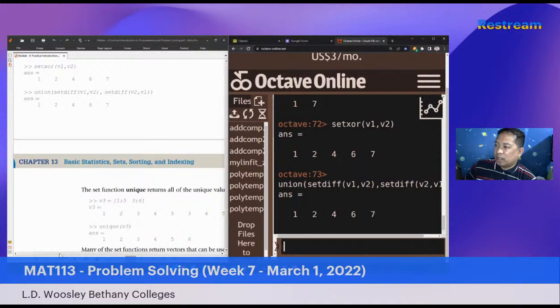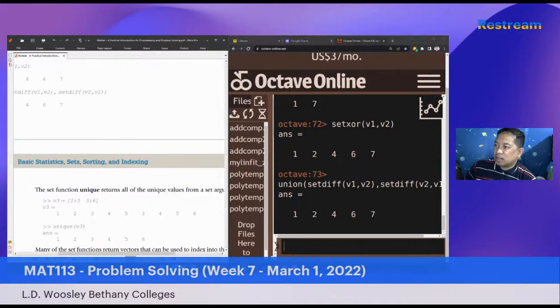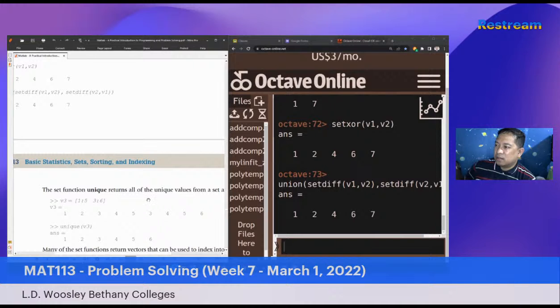So we also have the command unique, which returns all of the unique values of the set argument. So we're trying to produce a vector B3 with elements from 1 to 5 and 3 to 6. So automatic ang increment yan ay 1 kapag hindi natin linagay yung second value.